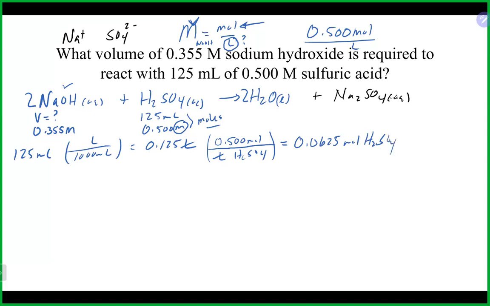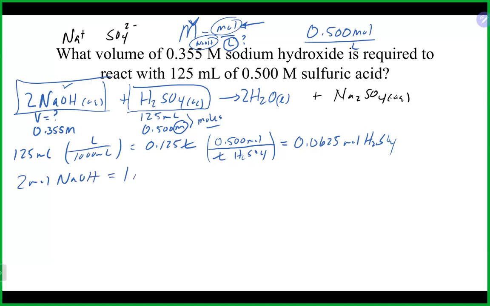Remember, ultimately, though, we want sodium hydroxide moles, so this is where the stoichiometry part comes into play. So looking at the balanced equation between the acid and the sodium hydroxide, we can see that for every 2 moles of sodium hydroxide, we get 1 mole of H2SO4. So that is definitely what we want to use next here.